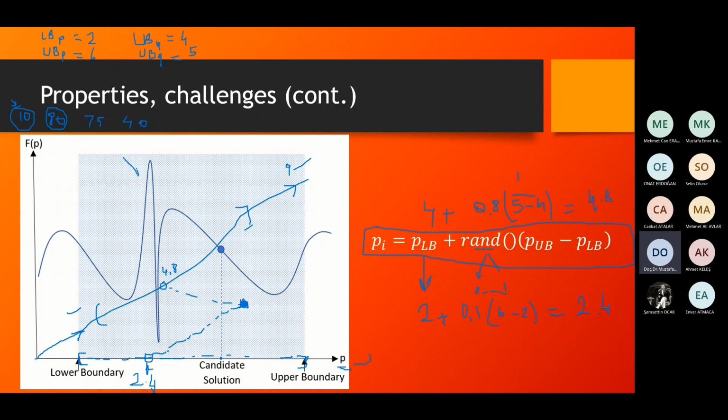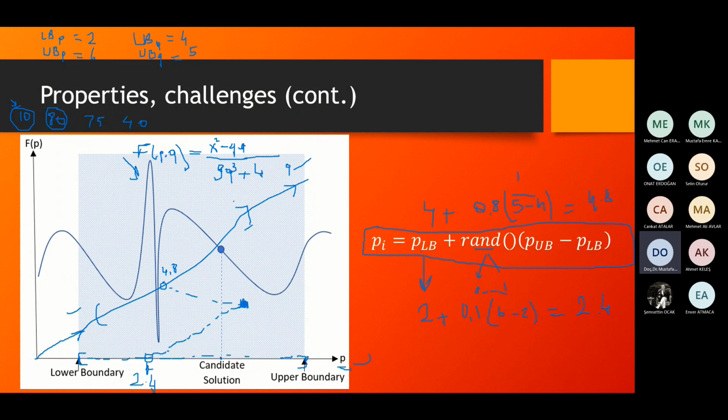Imagine that the f function is, as you know, the function of P and Q, and imagine that it is x square minus 4q divided by 9q cube plus 4, for example.